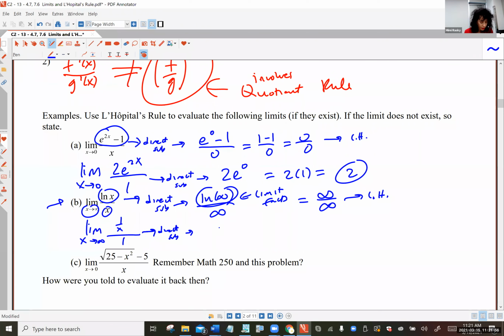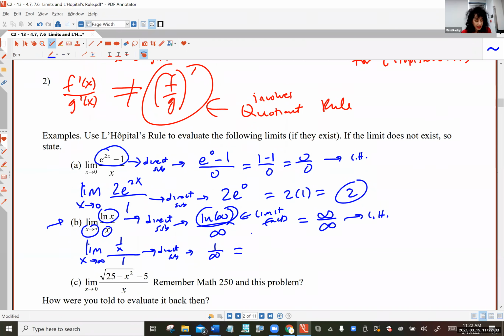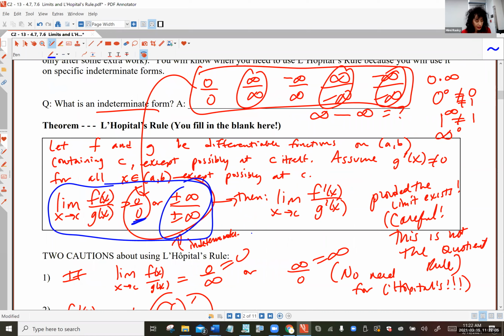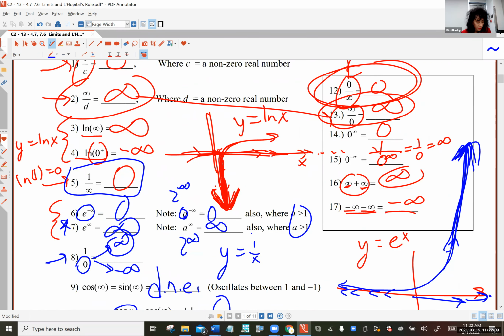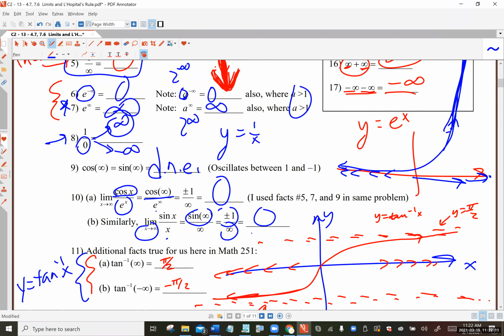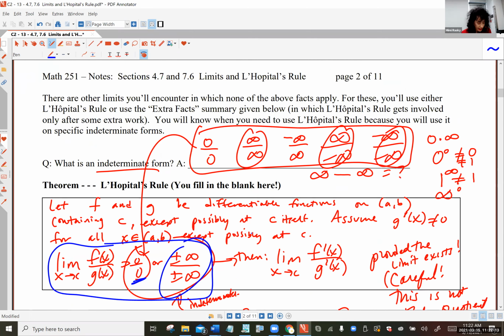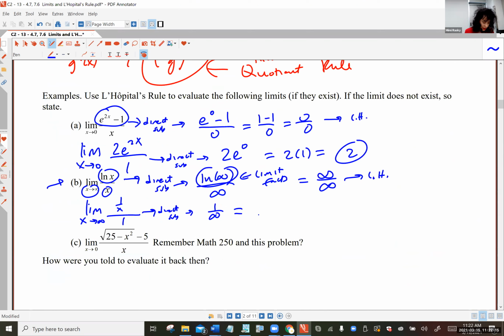You're just going to plug in infinity in place of x again. But 1 over infinity actually has a nice answer. Go check your limit facts. What did I say 1 over infinity equals? 0. And you're done. And that is the answer. Questions?